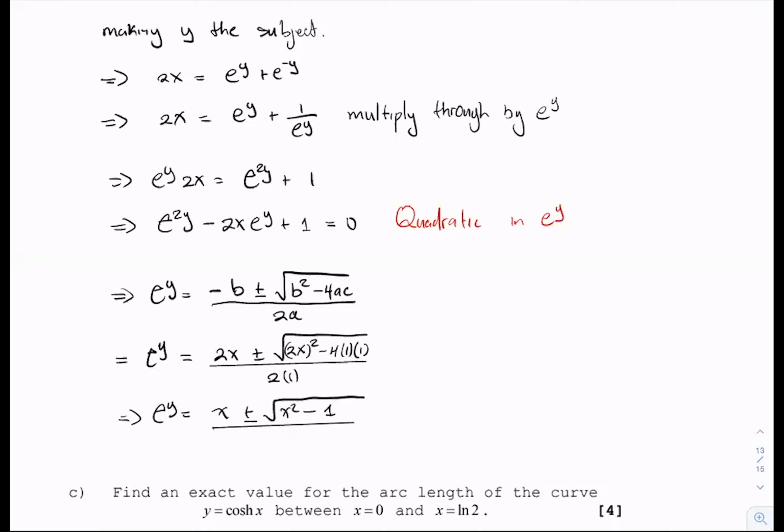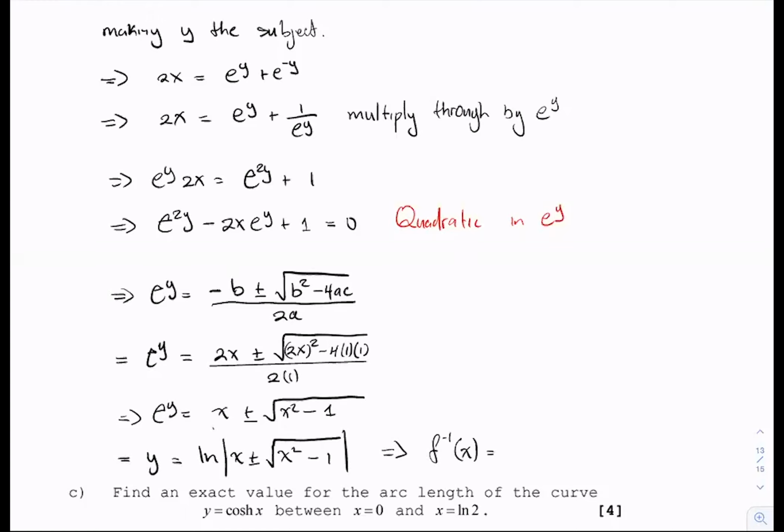So this means that y is equal to ln of x plus or minus the square root of x squared minus 1. This means that f inverse of x is equal to what?